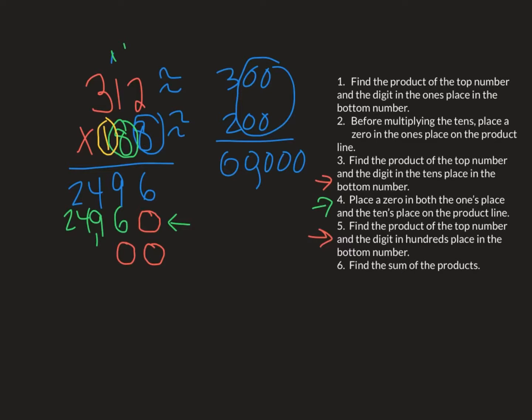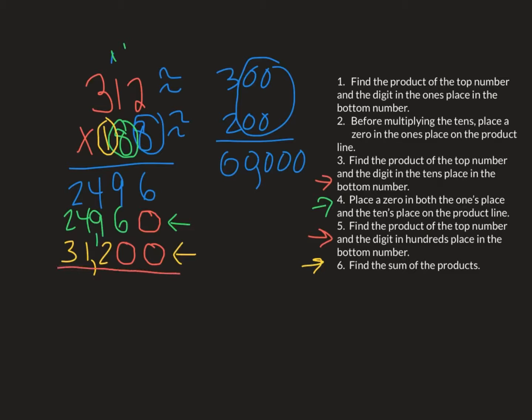It's really 100. And these two zeros here will give me the product of 312 times 100, even though I'm just thinking about 312 times 1. So 312 times 1 is 312. So 312 times 100 is 31,200.